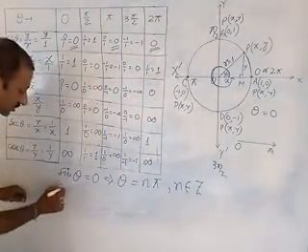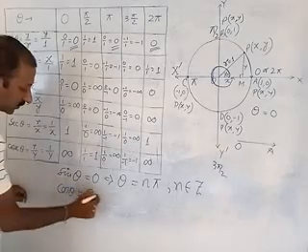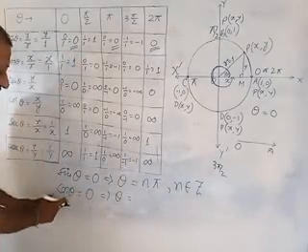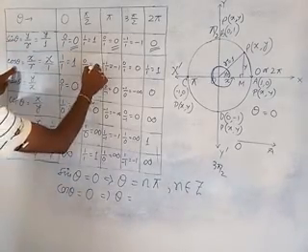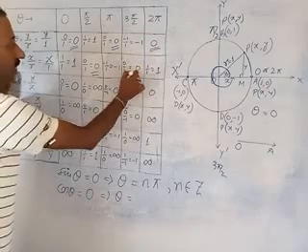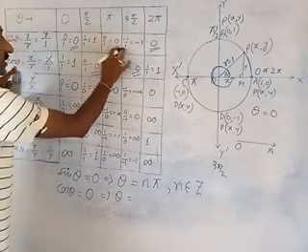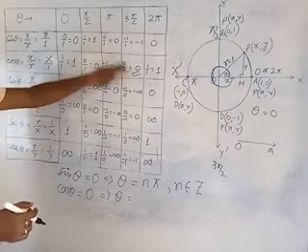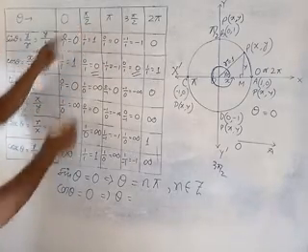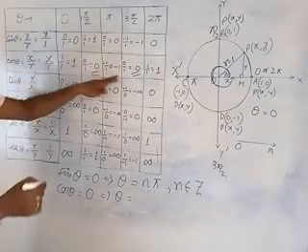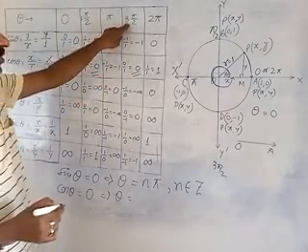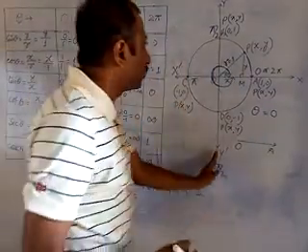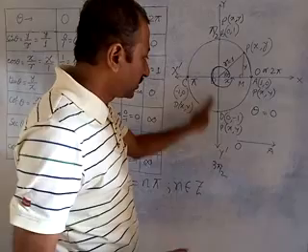Now what will happen? Cos theta equal to 0 implies theta equal to what? Here see. The value of cos theta is 0 here. Cos theta is 0 here, from this chart. Let us write this. Cos theta is 0 here, cos theta is 0 here. This 0 means what? Pi by 2. Here 1 into pi by 2. Here 3 into pi by 2, meaning 1, 3. Then it will become 5. Then on the y axis 1 pi by 2, 3 pi by 2.